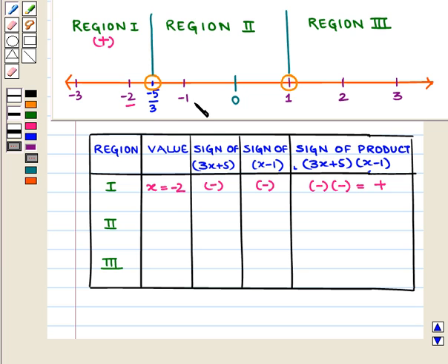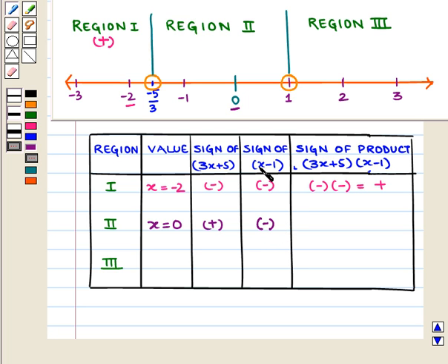The next region, that is region 2, is open interval minus 5 by 3, 1. Let us choose x equal to 0 in this region. Put x equal to 0 in 3x plus 5 into x minus 1 and check its sign. Sign of 3x plus 5 is positive when we put x equal to 0 in this factor, and the sign of x minus 1 is negative.